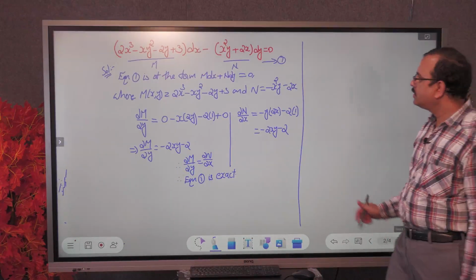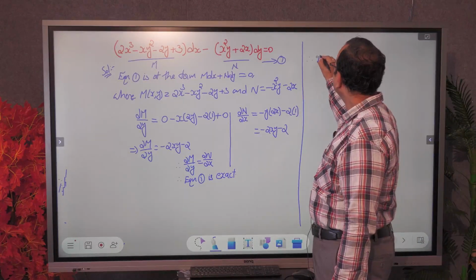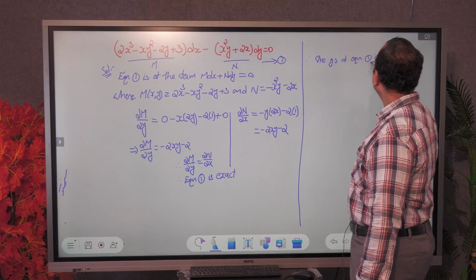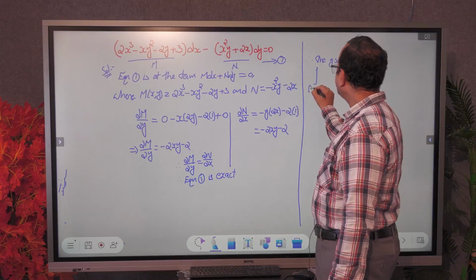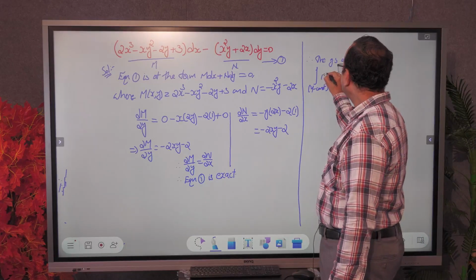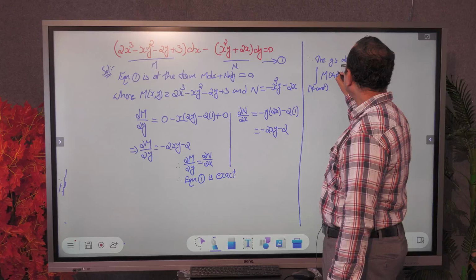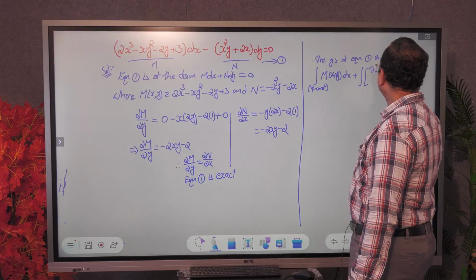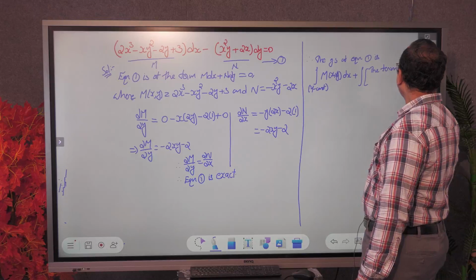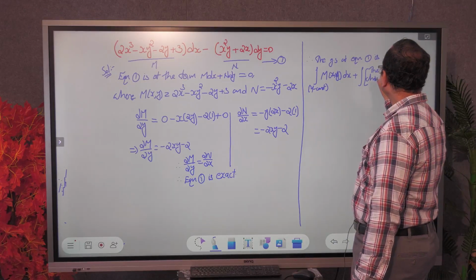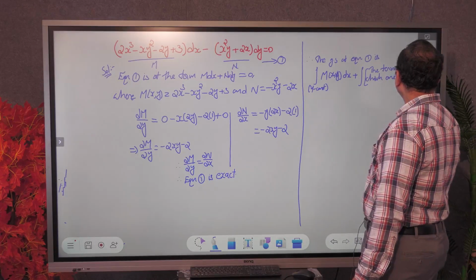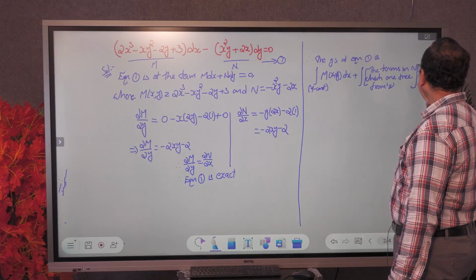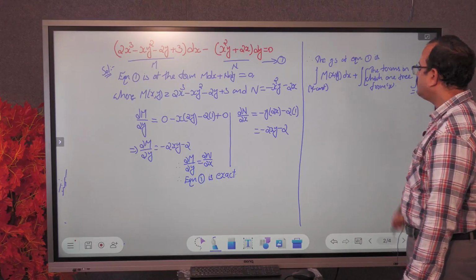So the general solution of equation 1 is the integral of M dx treating y as a constant, plus the integral of the terms in N which are free from x, dy, is equal to c, where c is an arbitrary constant.